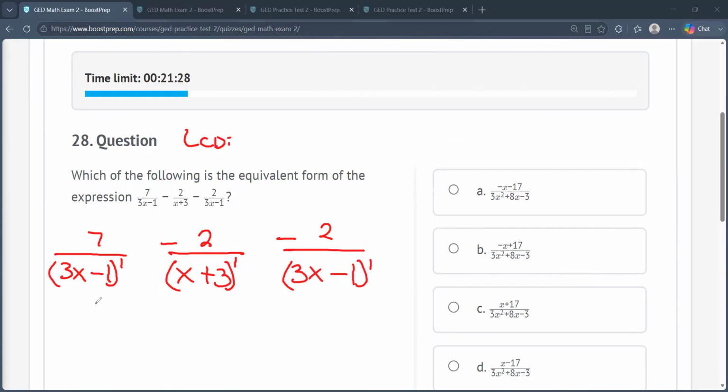When you add or subtract, you need an LCD. Because they're all in prime form with different bases, your LCD is just the product of those. So it's going to be 3x minus 1 times x plus 3 times 3x minus 1.